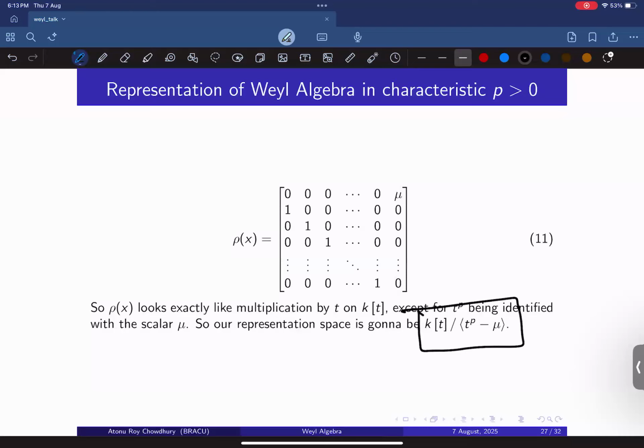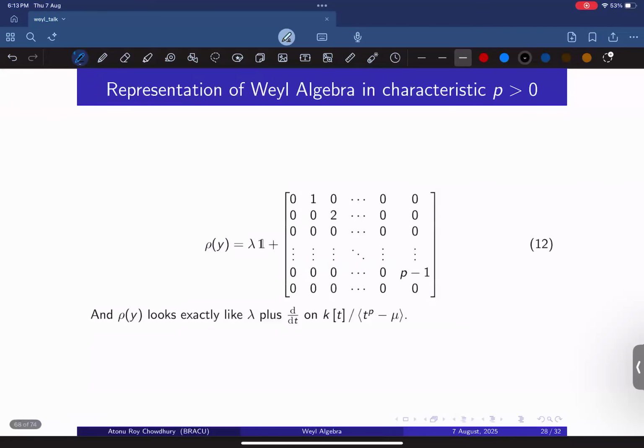On this space, the multiplication by t operator's matrix representation is this. And for the other, this looks exactly like lambda plus the derivative on this representation space. So we are almost done here.